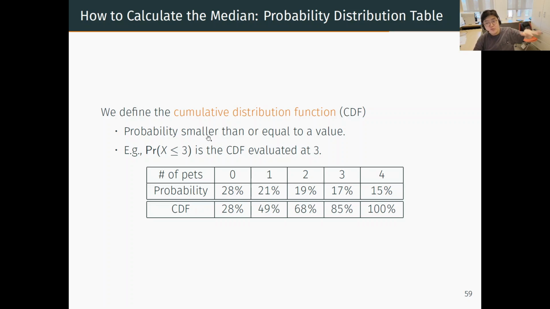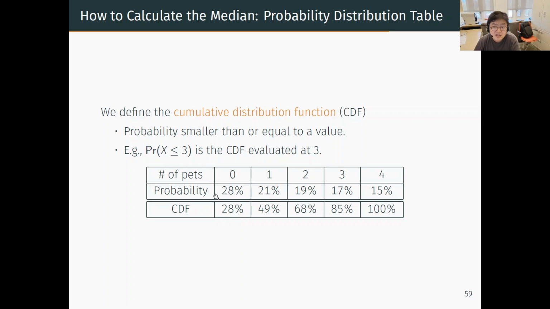So you accumulate probability from the smallest, like this. For example, at 0, the cumulative probability is 28% because there is nothing to accumulate. But if you move to 1, the cumulative probability up to 1 is 28 plus 21.